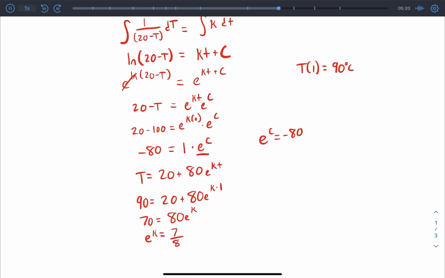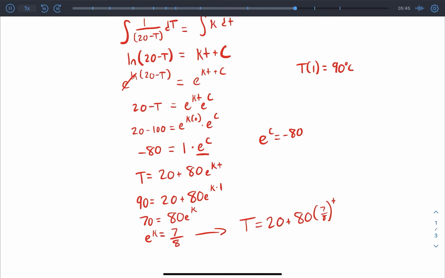Instead of solving for k, we can just take that entire term and plug it into our temperature profile. And so the temperature of the rock at any given time is equal to 20 plus 80 times 7/8 raised to the time.